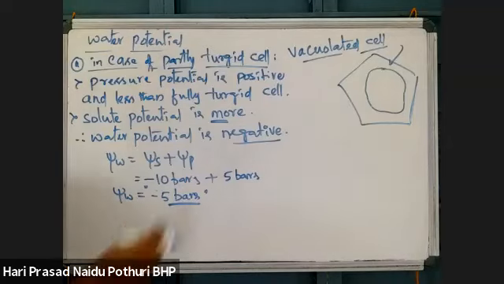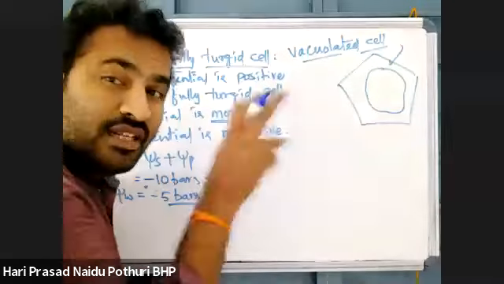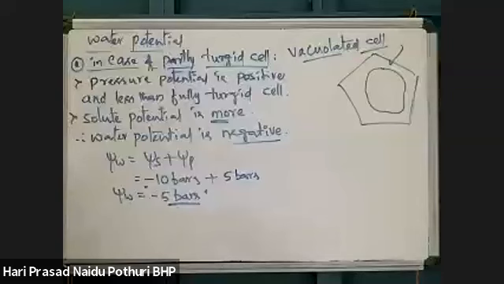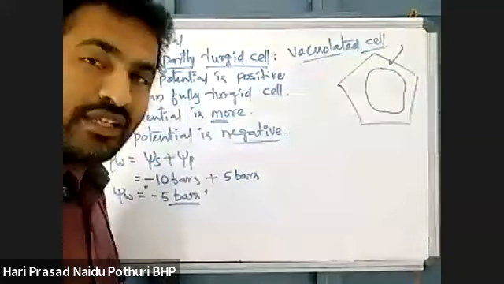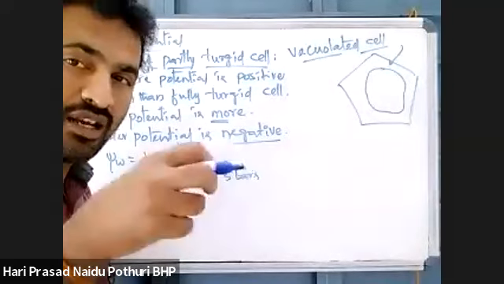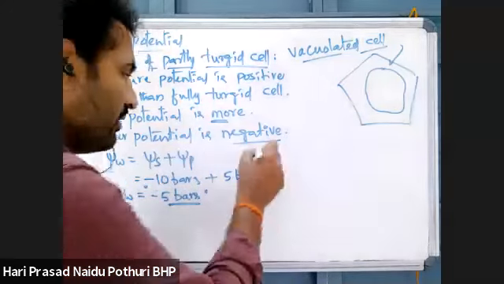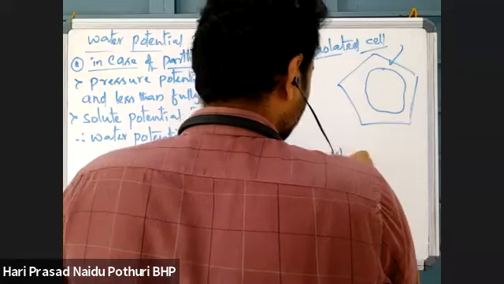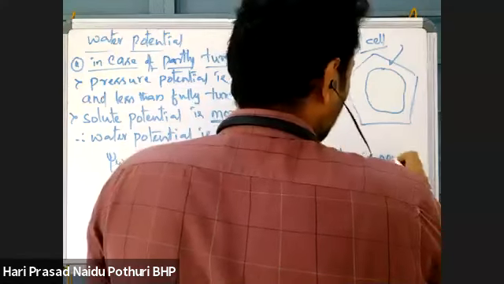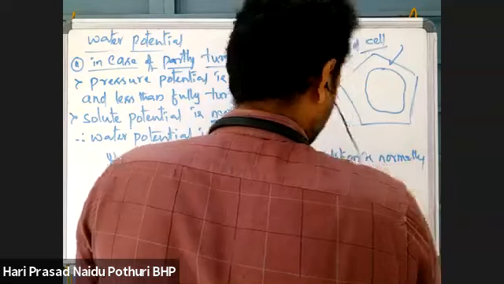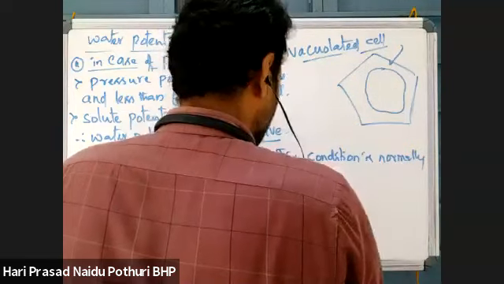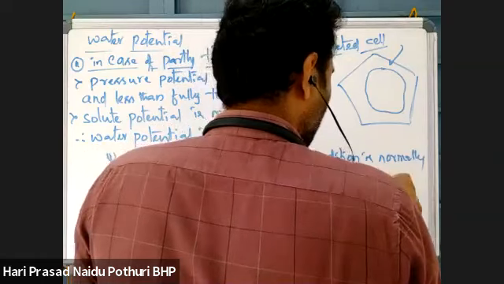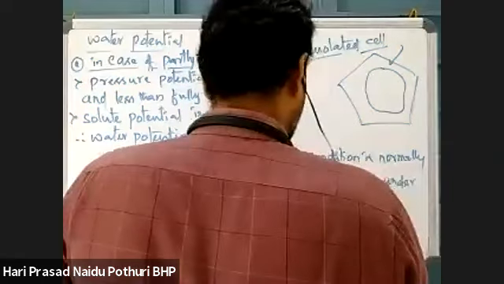Okay, this condition is seen in the majority of plant cells under normal conditions. When atmospheric conditions are normal, like water is normally available, this condition is majorly seen. This condition is normally seen in plant cells under normal conditions.